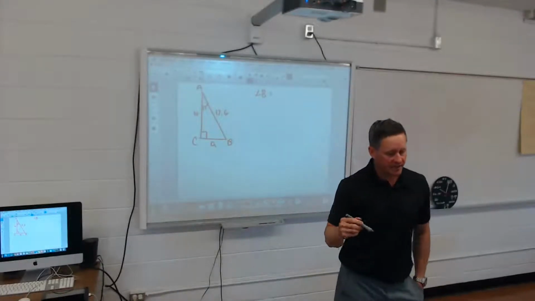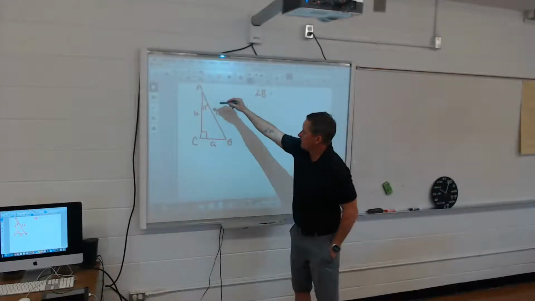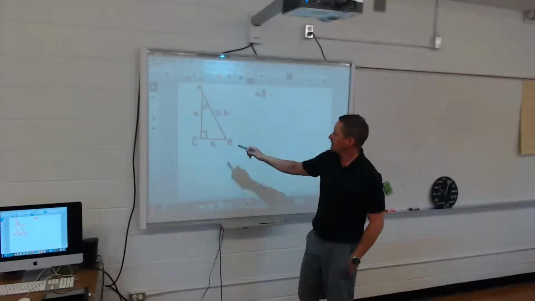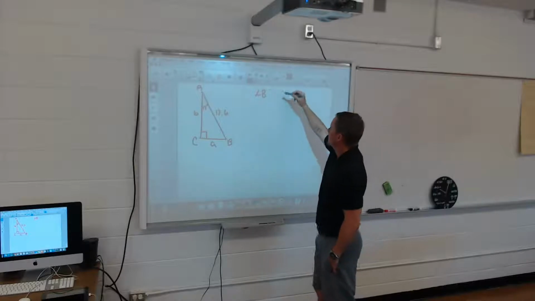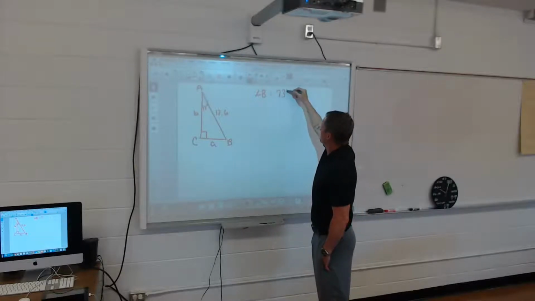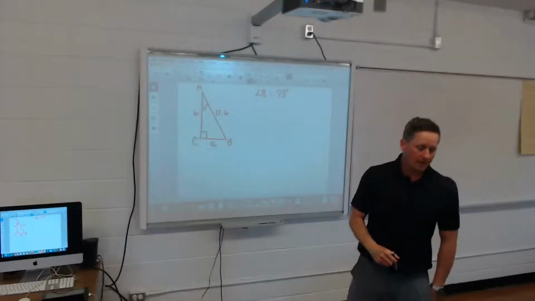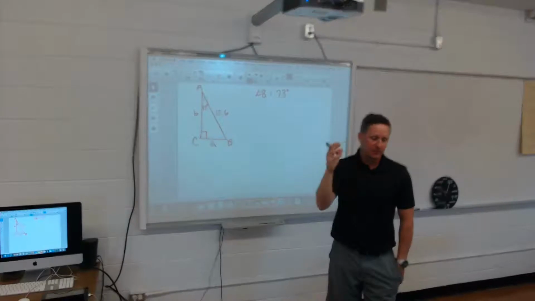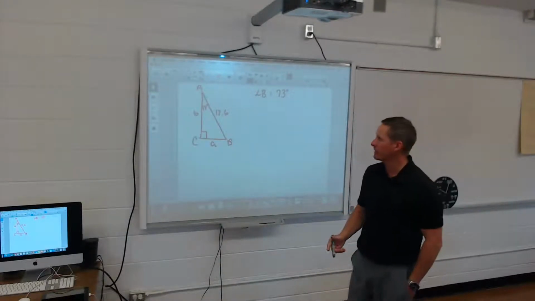So if that angle C is 90 degrees, then the other two angles have to also add up to 90. So I take 90 degrees and I subtract 17, and that gives me the measure of the other angle, so 73. So anytime you're given one angle, the simplest thing to do is to find the other angle. Just simply subtract it from 90 degrees.